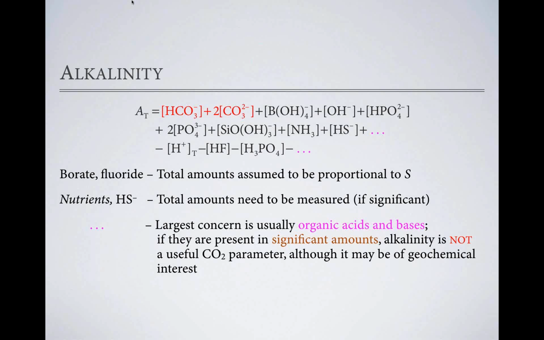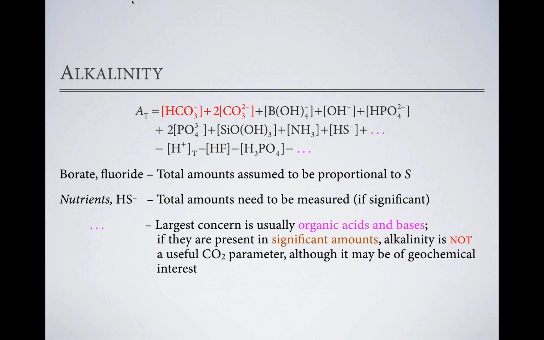If these are present in significant amounts, alkalinity is not a useful CO2 parameter, though it may be of geochemical interest. That is, you can look at the total alkalinity and see how it changes. So, again, we come back to what's a significant amount. If you want to be able to calculate all the non-red and get the alkalinity within 5%, then ignoring, you know, 1 or 2% of organic acids and bases, that is 20 to 40 micromoles per kilogram, wouldn't really be a problem.